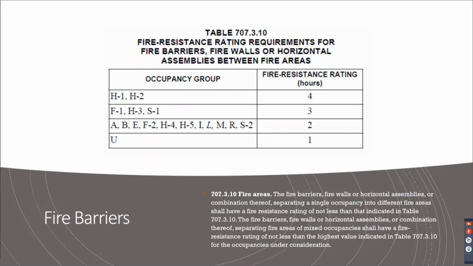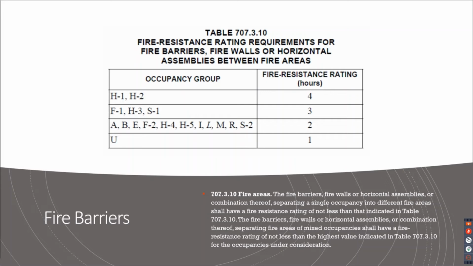The fire barriers, fire walls, or horizontal assemblies, or a combination thereof, separating a single occupancy into different fire areas, shall have a fire resistance rating of not less than that indicated in table 707.3.10. The fire barriers, fire walls, or horizontal assemblies, or combination thereof, separating fire areas or mixed occupancy, shall have a fire resistance rating of not less than the highest value indicated in 707.3.10 for the occupancies under consideration.